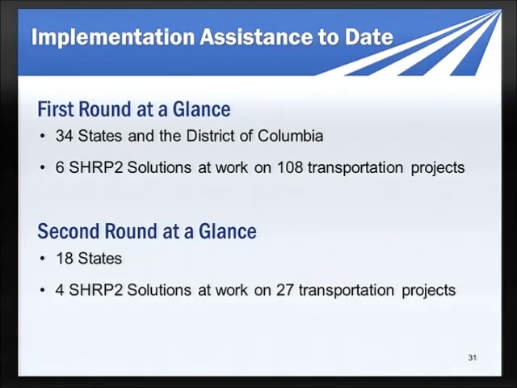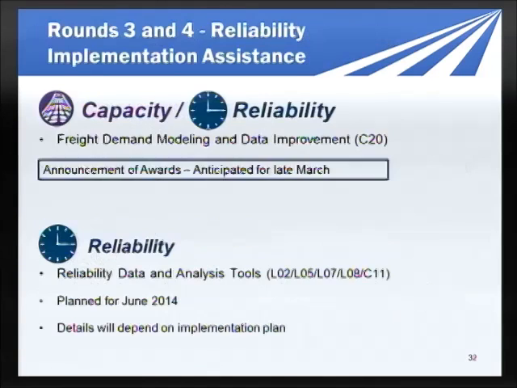The second round had different products offered. In the second round, 18 states got some kind of award through the program, and four products were rolled out there. And the first round was when the capability maturity model was part of that John spoke about this morning.